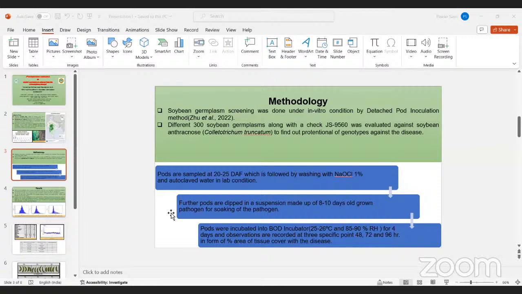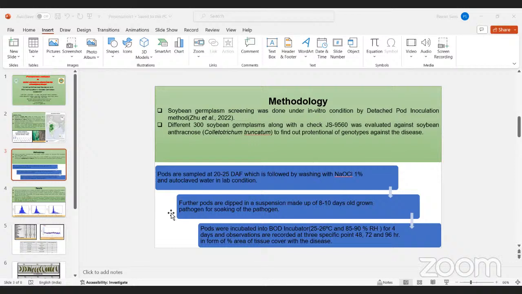Later on, they are soaked in a suspension, followed by keeping the pods in a BOD incubator, which is maintained at a temperature ranging from 25 to 20 degrees centigrade and humidity from 85 to 90%.